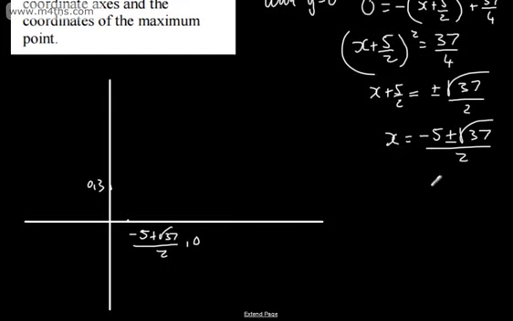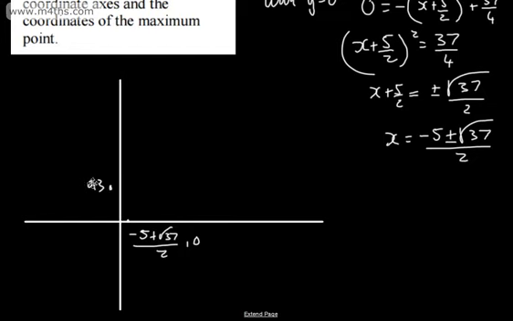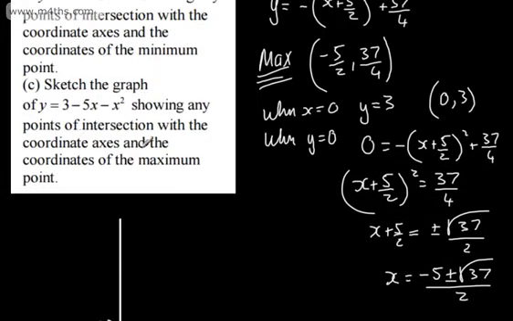The other one is going to be somewhere way, not massively, but let's just move that. Let's make this look a bit more realistic. So let's put that there, that's going to be the negative 5 minus the root of 37 over 2, 0. And then we're going to have this maximum point.